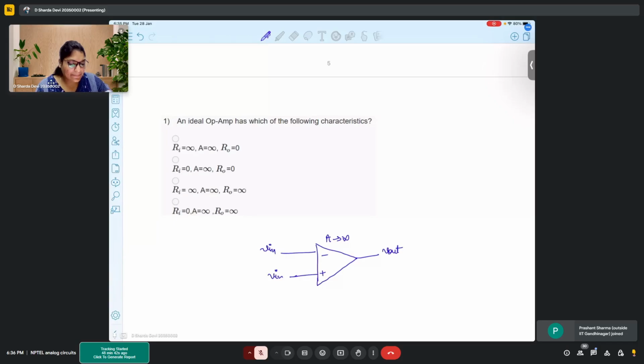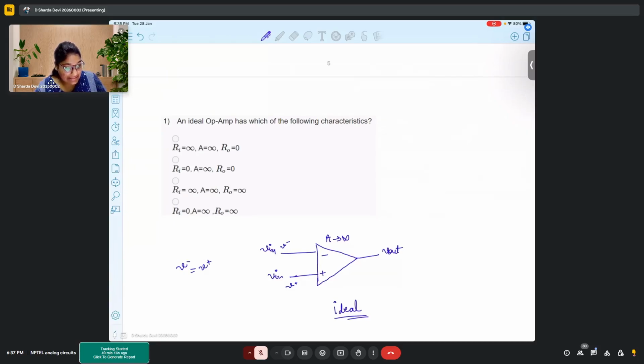What else? If gain tends to infinity, what will happen? We discussed, right? First of all, that we can apply the virtual short concept. V minus and V plus will be equal.